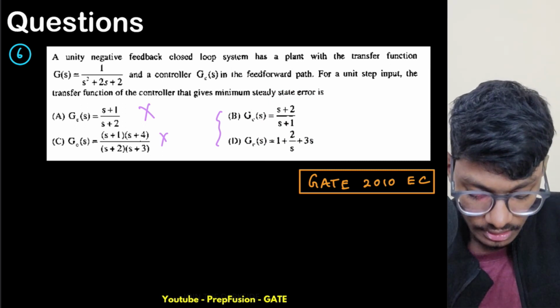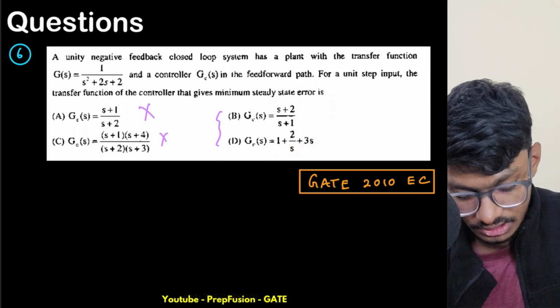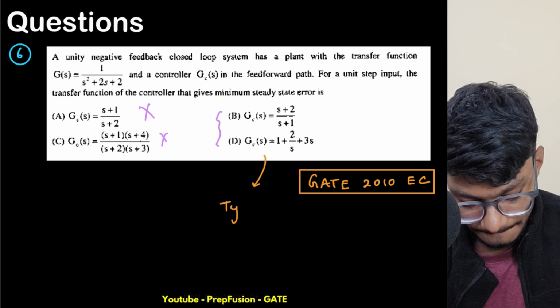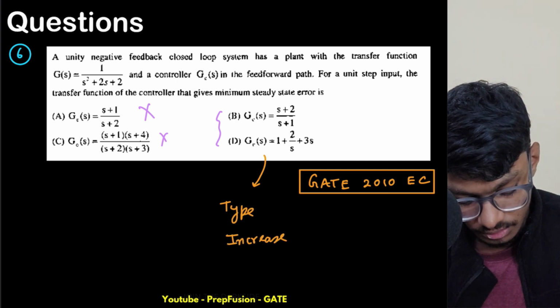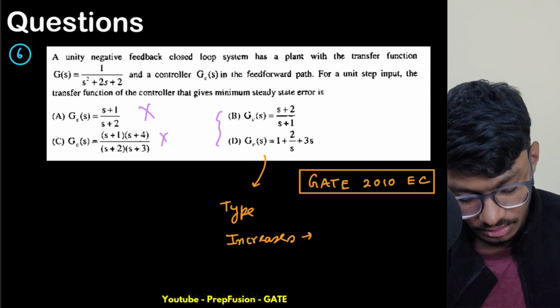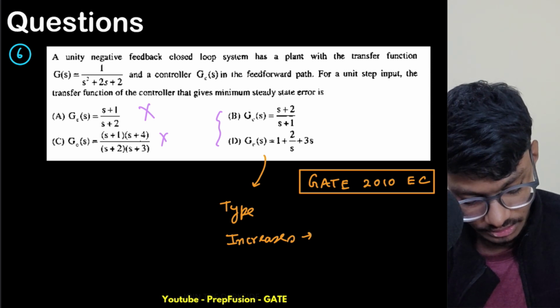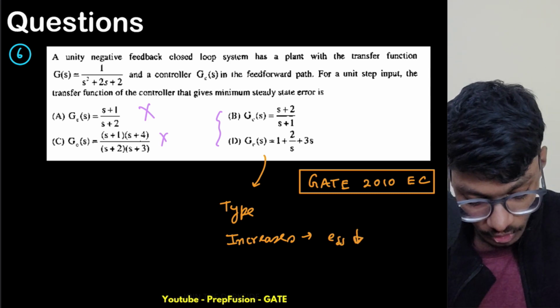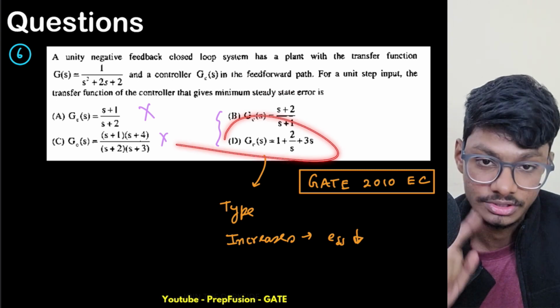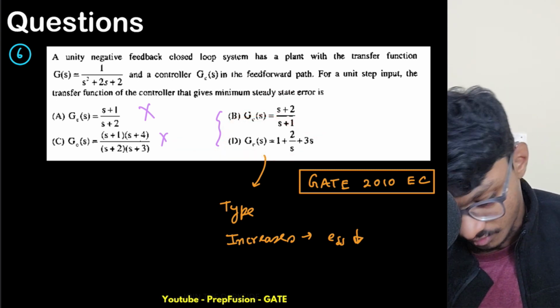In the PI controller, I see the type increases. Hence obviously this will reduce the steady state error. This will also reduce the steady state error, but this will reduce it to a greater extent. That is very important.